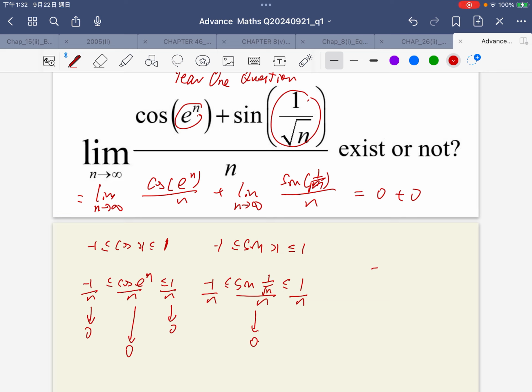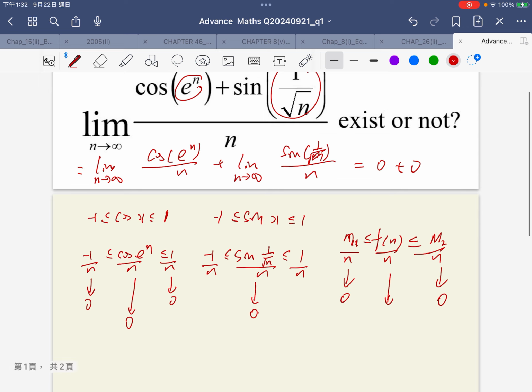In general, if some function f(n) is bounded by two numbers, m1 and m2, and these two, m1 and m2, are constants, fixed, and if we divide by something that tends to infinity, then the right hand side and the left hand side both tend to 0.